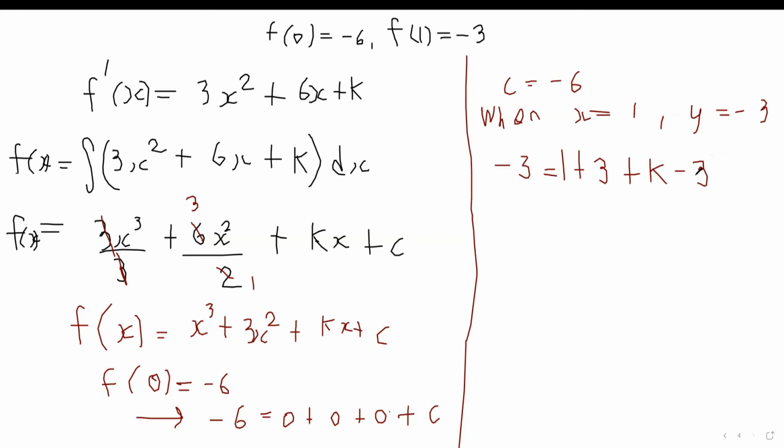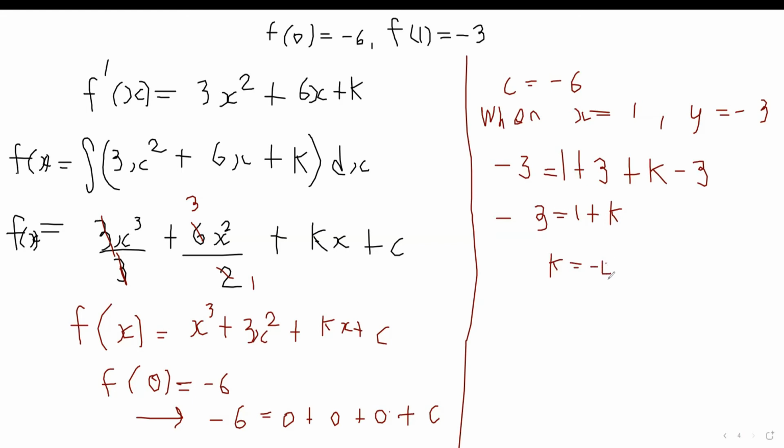That's our equation. So 3 minus 6 gives minus 3, and we end up with minus 3 is equal to 1 plus k. And so all we need to do now is subtract 1 from both sides. And so k is negative 4.